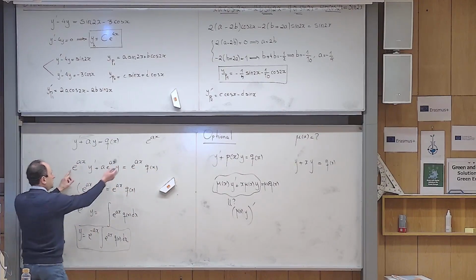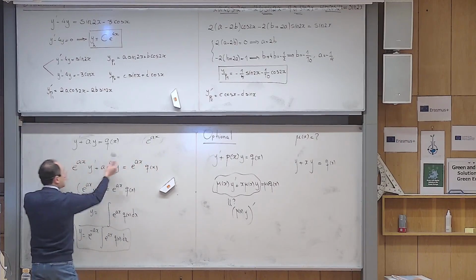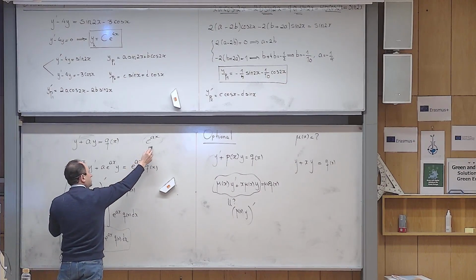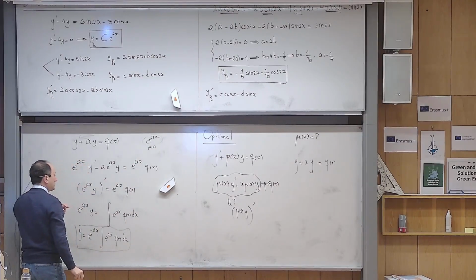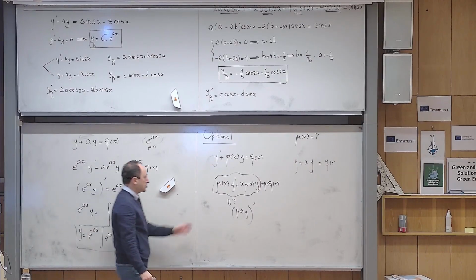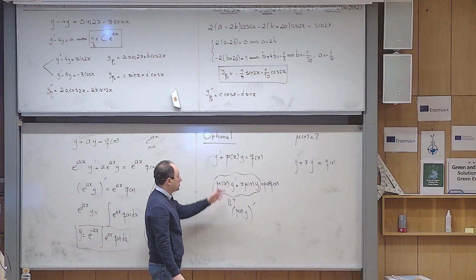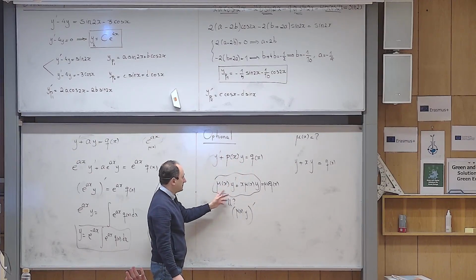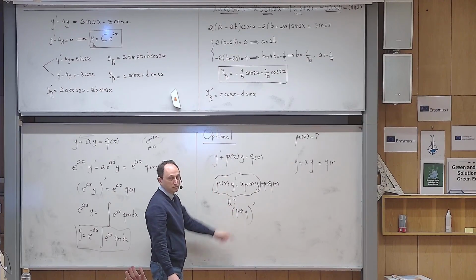You see, when I multiplied the left-hand side by that expression, coincidentally, it becomes this. If I want to consider this as mu of x, that is my first guess. Is it possible to find the function mu of x so that when I multiply my differential equation by that mu of x, the left-hand side becomes this?